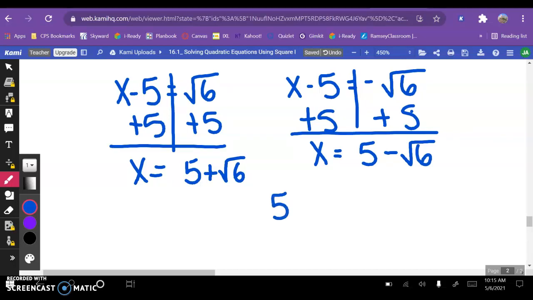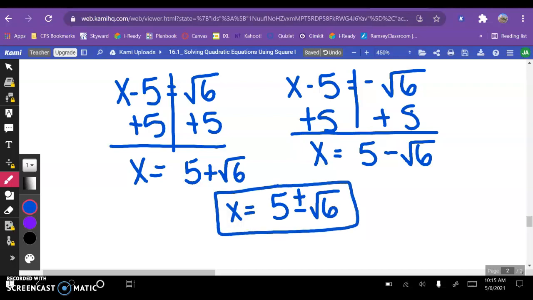So what we can do is write 5 plus or minus square root of 6 for our answer. And I always put that constant, that normal number, out front, because if we put it behind, it sometimes looks like it might be underneath the radical, and that's not the answer. It's not the square root of 6 plus 5. It's 5 plus the square root of 6. So that's why we always move it to the front to alleviate that confusion.